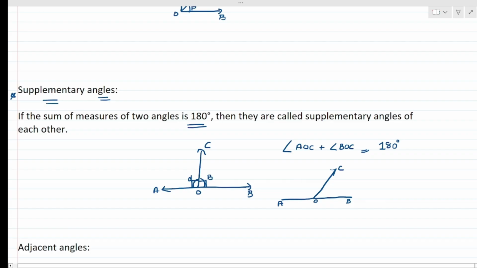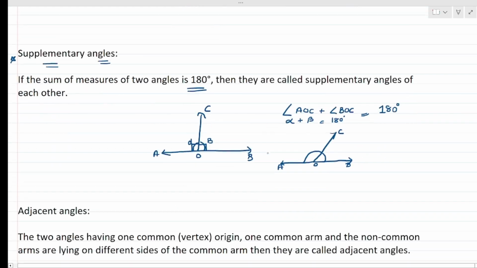In this case, I have one acute angle and the other one is an obtuse angle. This can be clearly seen from the figure. So always remember, whenever there are supplementary angles, the summation is 180 degrees. That means your alpha plus beta will give us 180 degrees. Its value will not be more than 180 degrees.